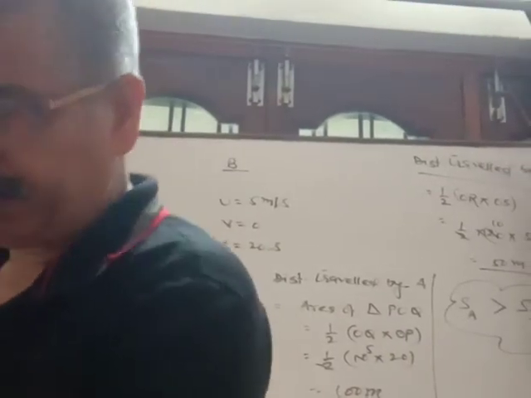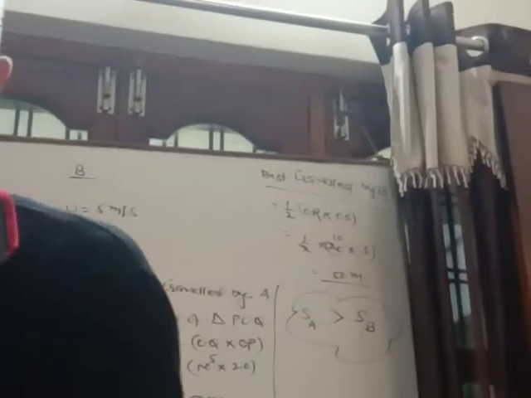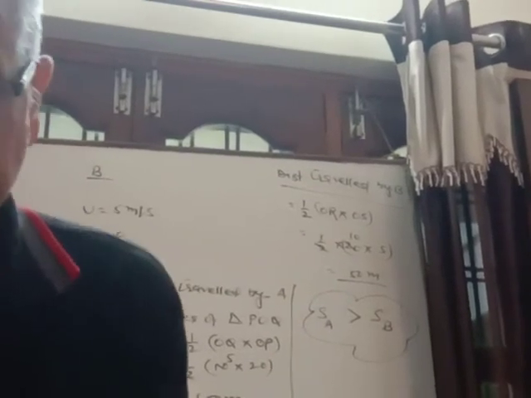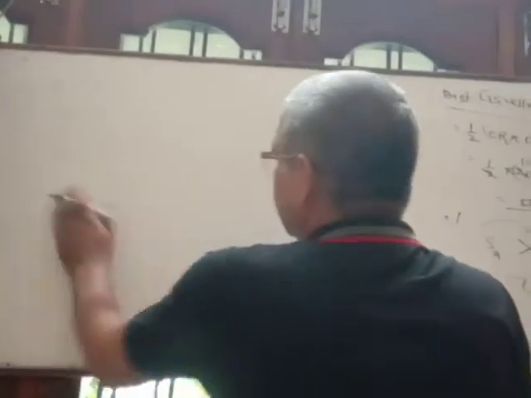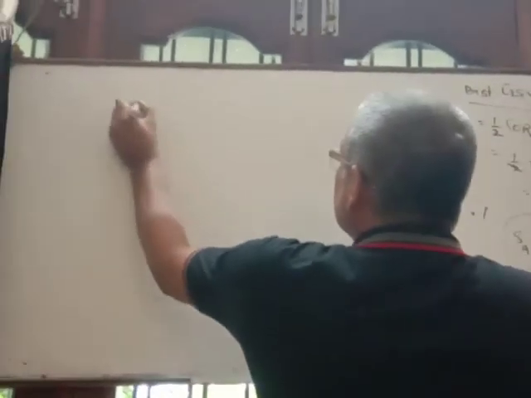So in this way we can find the distance traveled by a body with the help of velocity time graph. Question. A car is traveling with the speed of 36 km per hour. Initial speed 36 km per hour.